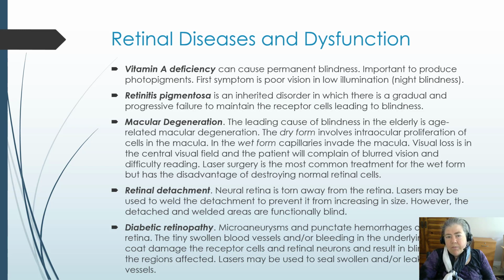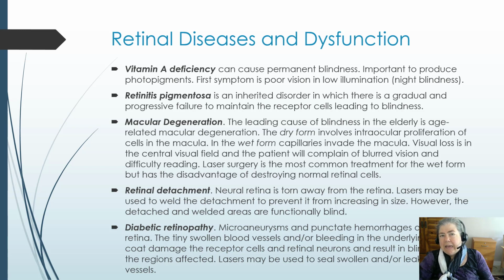They may have some blurred vision. The wet form of macular degeneration is treated by laser surgery. So laser pulses are used to kind of close up the capillaries, but it does destroy some normal retinal cells. And the dry form of macular degeneration is treated with injections of a biologically engineered substance that decreases the growth factor problem that is causing the proliferation of cells. Sometimes the retina can detach.